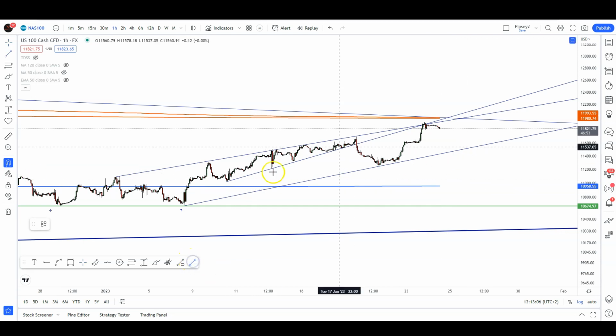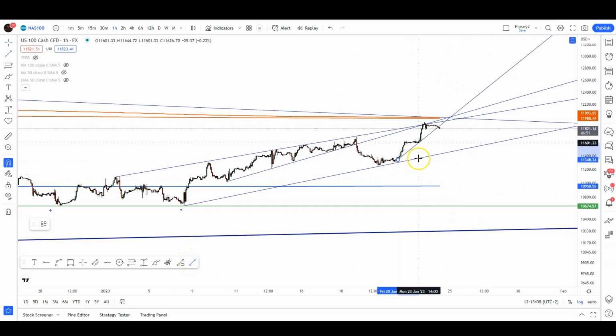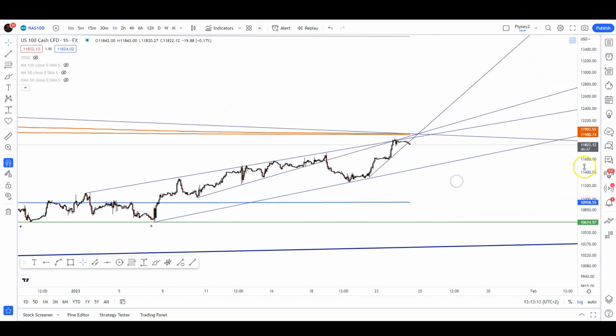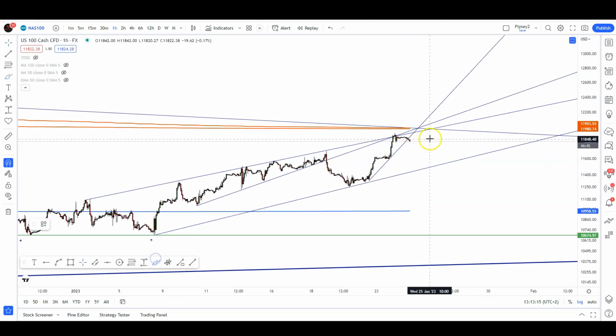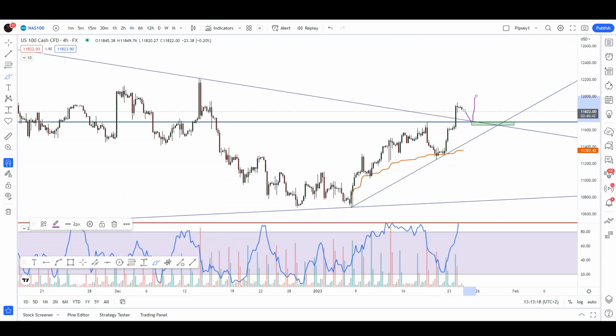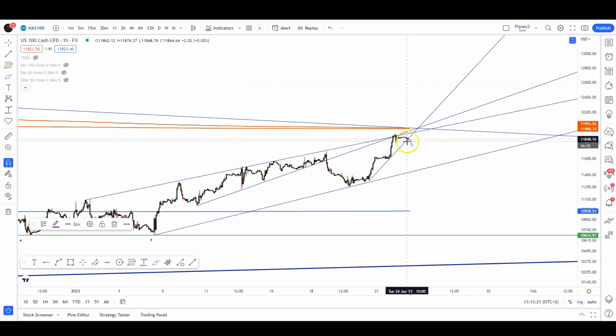And then this little trend line here, there is a possibility of, like I said earlier, this push down to test this trend line, another push up into that area, and then another fall potentially. So these are the two scenarios I'm looking at, right?